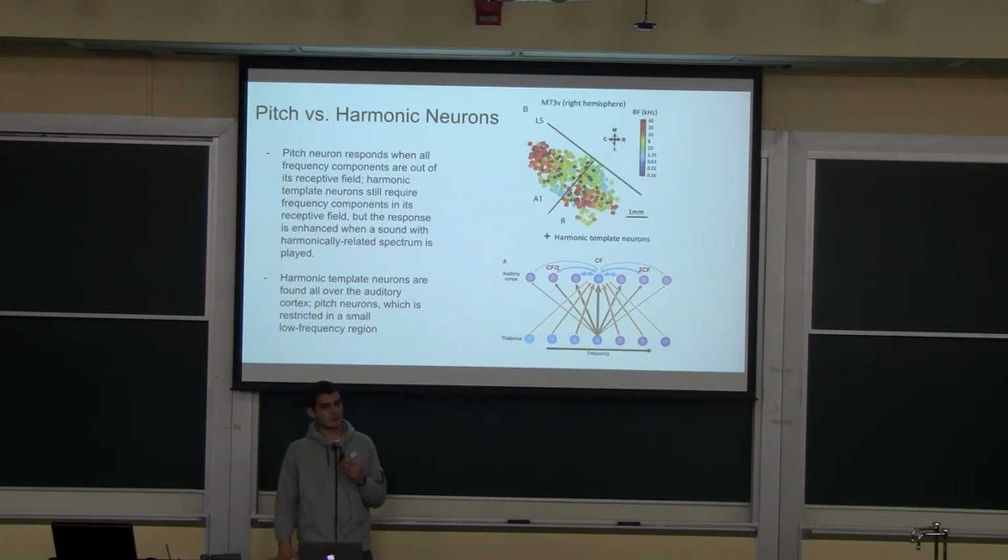As long as it has the 6th and 7th harmonics, for example, it could have any fundamental. As long as the harmonic pattern at some point lines up with its characteristic frequency, it'll cause enhanced firing. Does that make sense? Yeah, exactly. But it has to be in the receptive field. That's the point of the first bullet.